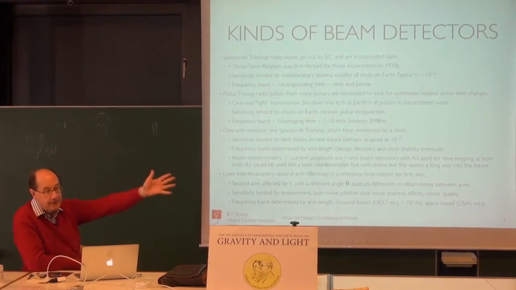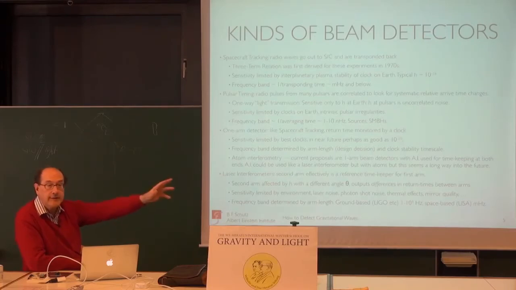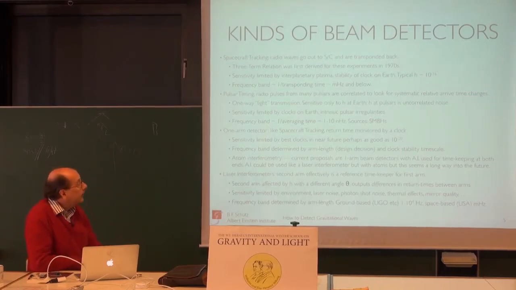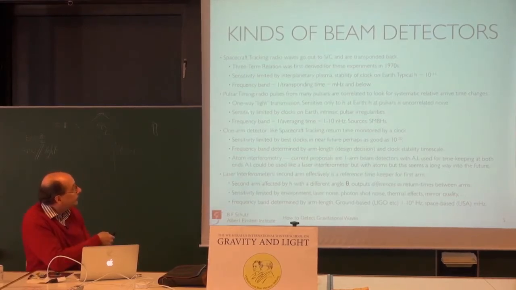We don't send a signal out to the pulsar, which is after all thousands of light years away and would be a very difficult experiment to do. So we're just relying on the pulsar giving us these regular signals. So it's not a two-way, it's not an up and back. It's just a one-way thing. But you can do the one-way calculation, and you come out with formulas that are similar.